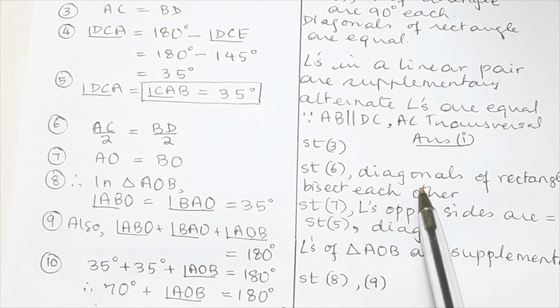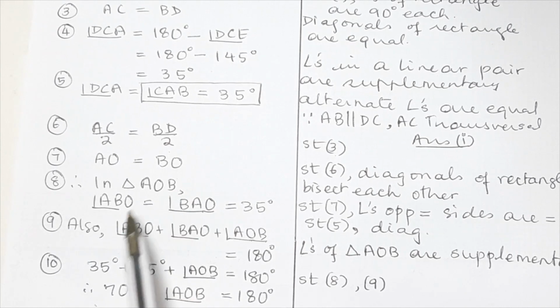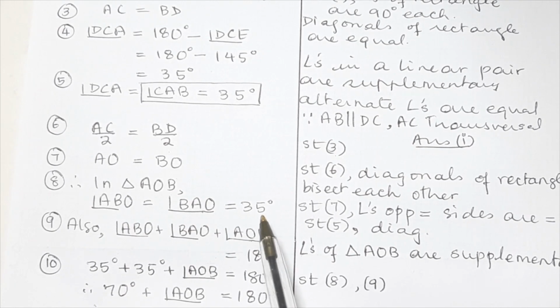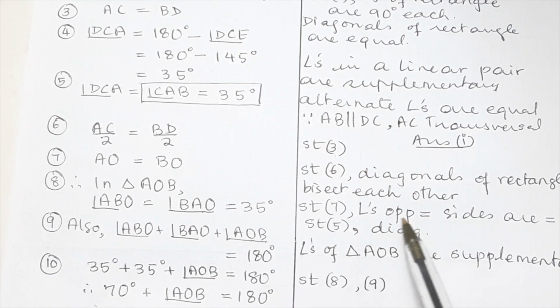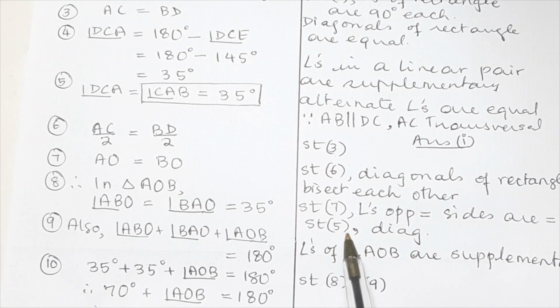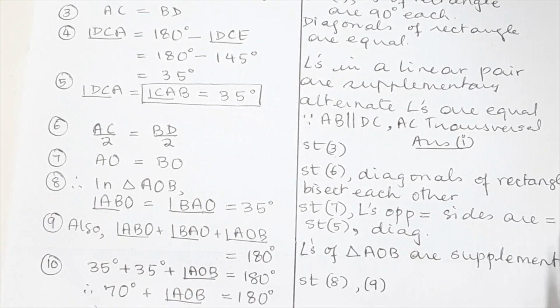Statement number 6, as diagonals of the rectangle bisect each other, then in triangle AOB, angle ABO equal to angle BAO equal to 35 degrees. From statement 7, as angles opposite to equal sides are equal, and also from statement 5, which says these two angles are 35, and the diagram.